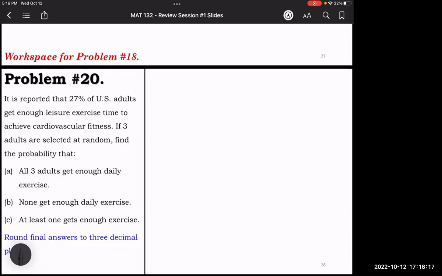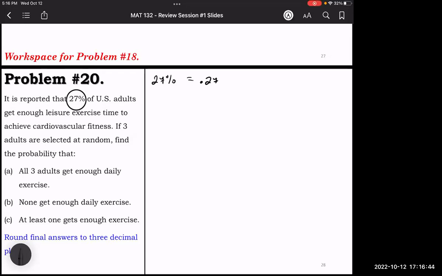So the way that this is being computed is as follows. First of all, look at your percentage. When you're dealing with percent and probability, it's best to work with decimal numbers. So 27% as a decimal is what? 0.27. Now, let's say I just had to select one person at random.